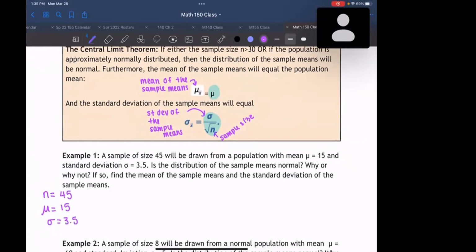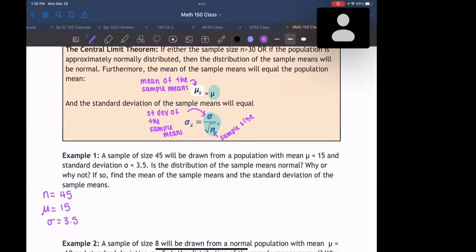This question is going to ask us, is the distribution of the sample mean normal? Whenever you see this question, we're talking about the central limit theorem. This question is asking us if either the sample size is bigger than 30 or if the population is normally distributed.